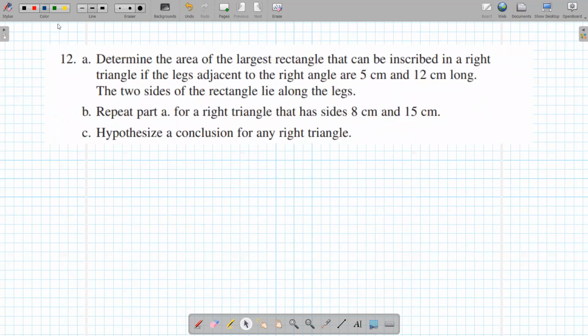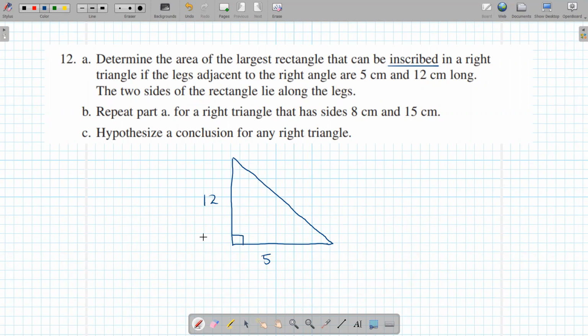Determine the area of the largest rectangle that can be inscribed in a right triangle. Inscribed just means it's going to fit inside, okay? So a right triangle would be something like this. It's a triangle that has a right angle here. If the legs adjacent to the right angle are 5 and 12, okay?